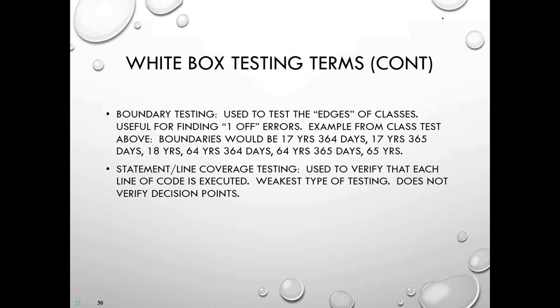So boundary testing is used to test the edges of classes, useful for finding off-by-one errors. In the example above, boundaries would be 17 years 364 days, 17 years 365 days, 18 years. These are the boundaries where you are putting the limit, what is acceptable and under what parameters it is acceptable.